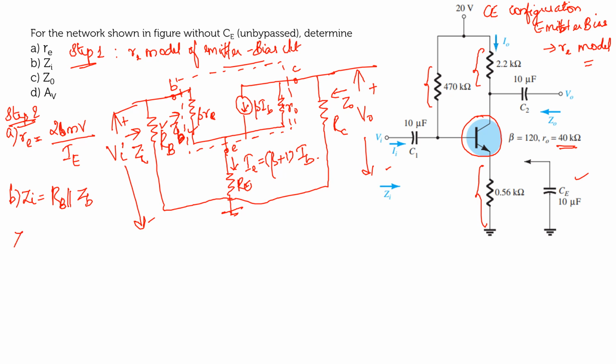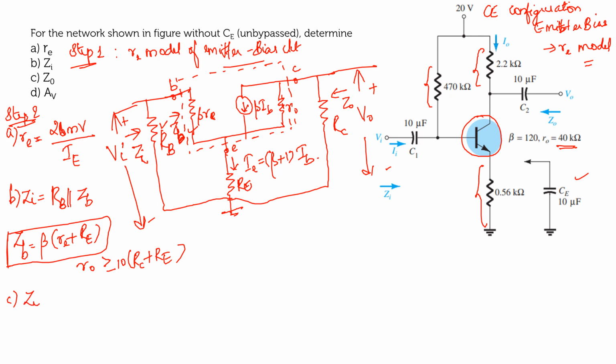What will be your value for ZB including your R0? You know that ZB is equal to beta into RE plus capital RE under the condition R0 is greater than or equal to 10 times of RC plus RE. Okay, so this will give your Zi.